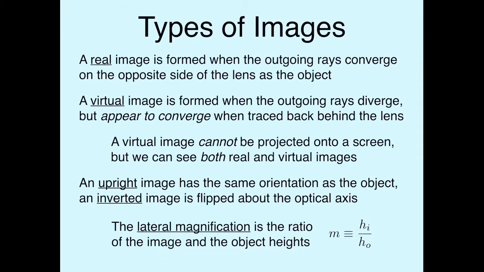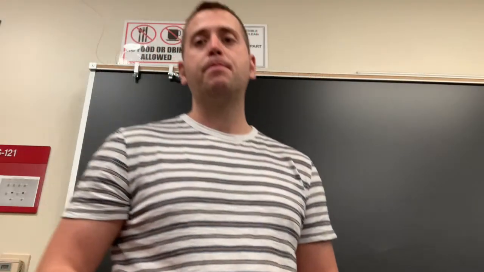If your image is bigger than your object, then your magnification is going to be greater than 1. If your image is smaller than your object, then your magnification will be less than 1. And if they're the same exact size, then your magnification is equal to 1. So basically, magnification greater than 1 means you're getting a blown up image, something that's bigger than the original object.